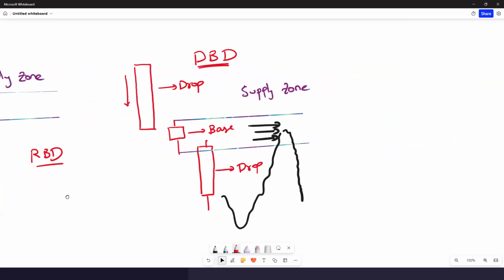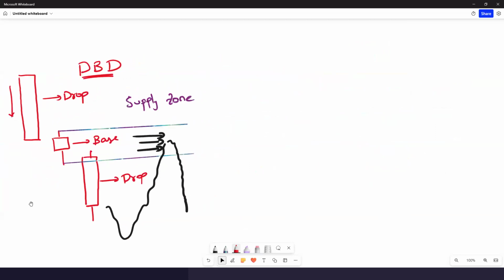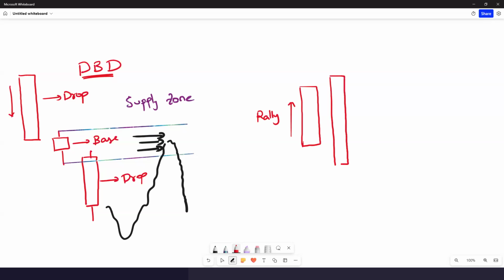Right? Sometimes you will be seeing a hidden base. For example, there'll be a sharp up move, that's like a rally, an uptrending rally, followed by a sharp drop. Sometimes you might be able to see this also. You don't see a base over here, right?